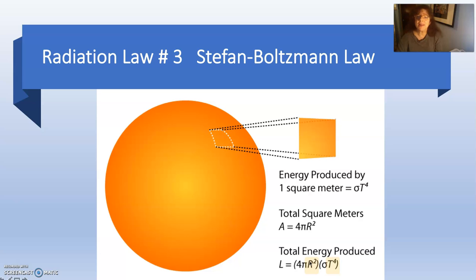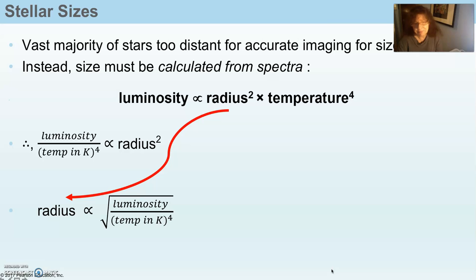So when we look at the Stefan-Boltzmann law that says that the hotter a star is, the more emissions it will put out, that means that there is a constant, the Stefan-Boltzmann constant right here, that's directly related to temperature. And the total energy produced by the star is related to the area of the star with that Stefan-Boltzmann constant and the temperature.